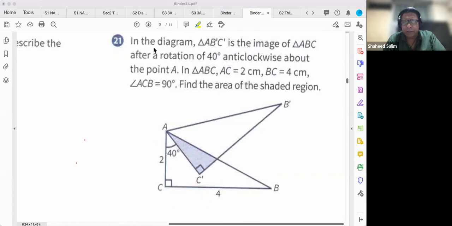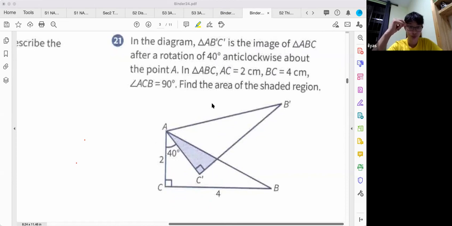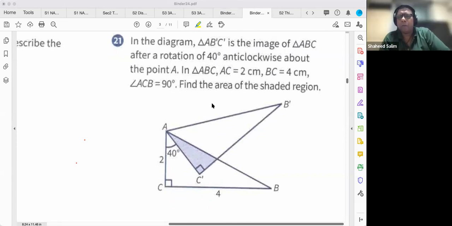You understand what they're saying down here? Yeah. Okay. So you understand what I'm saying.